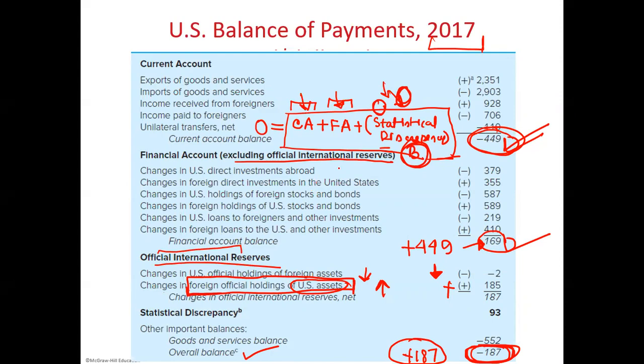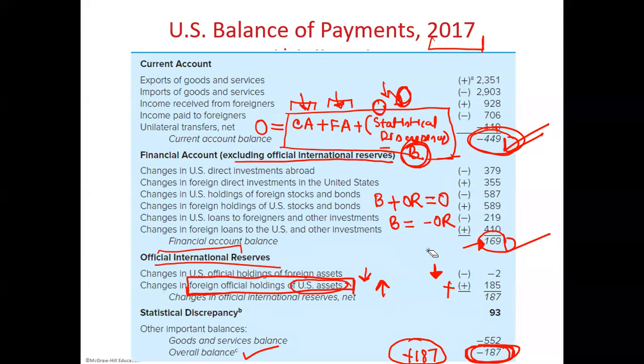And we have connected this with the official reserve, and this should be equal to 0. And if I do the rearranging, it should look like this.